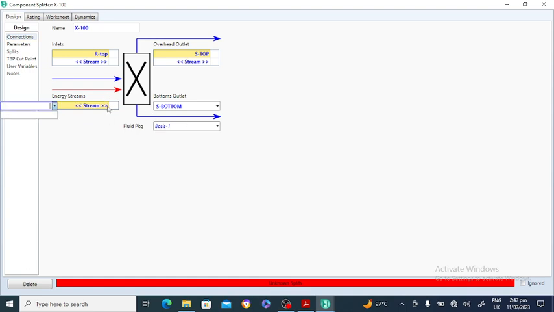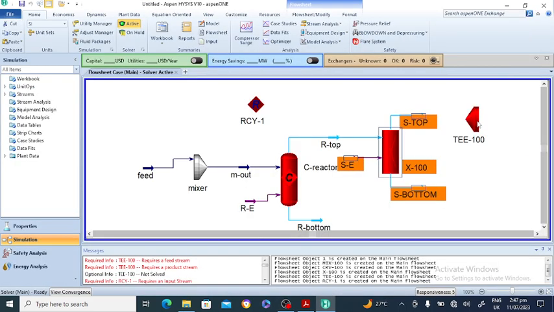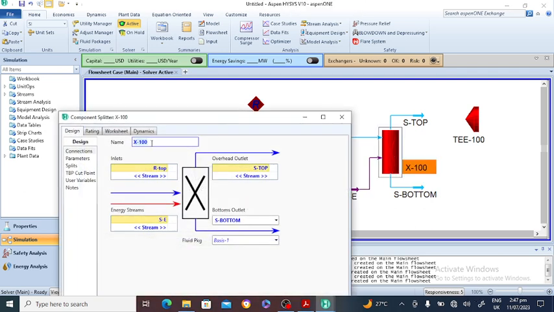The splitter energy is, suppose, splitter energy. Now unknown split, so we will close this one. Rename the splitter as splitter.